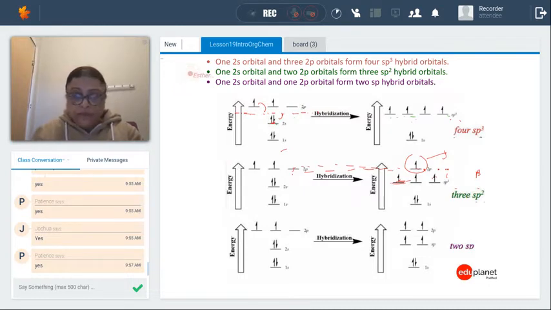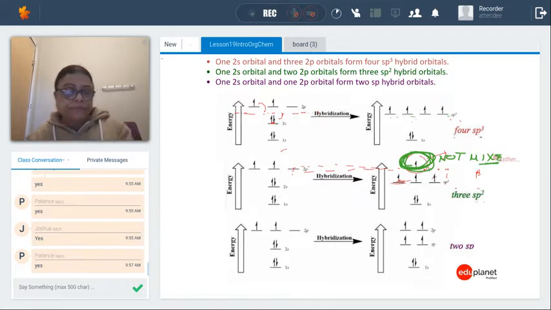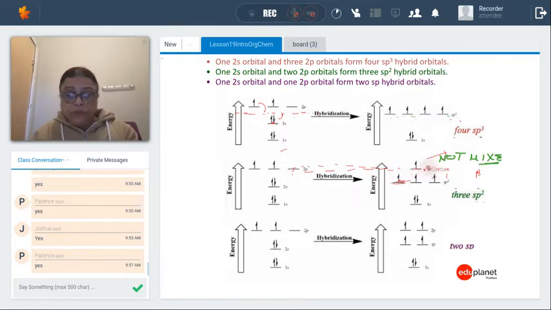And the leftover p is not mixed. It is pure p. It still can form a bond, but it is not the same type of bond as the brothers here.